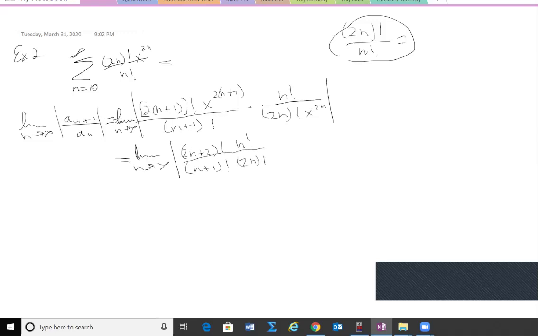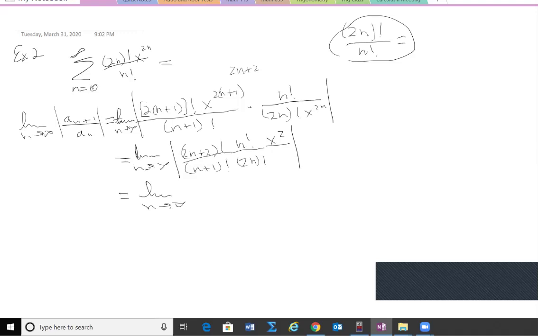And we're still left with an x to the second power up there. Okay, so that x to 2n becomes a 2n plus 2, and then the 2n's will divide out. You're left with a 2. Okay, so gotta work a little more here.